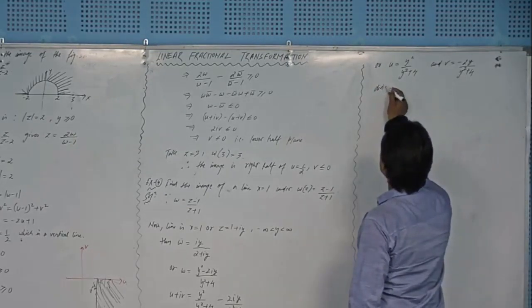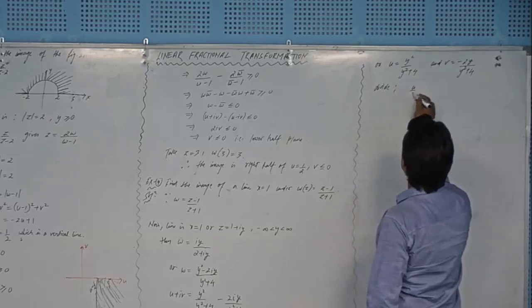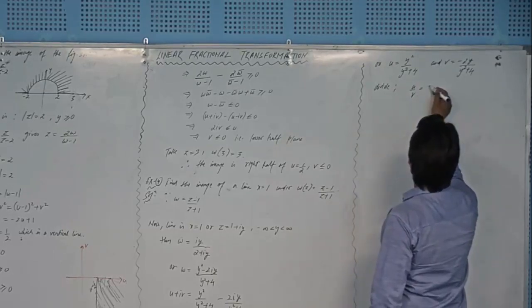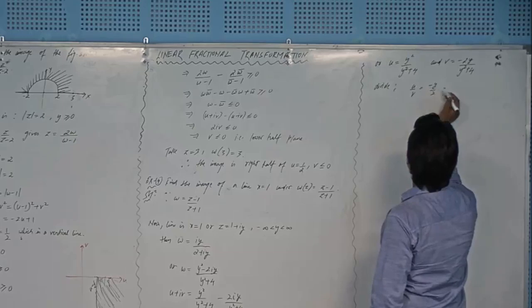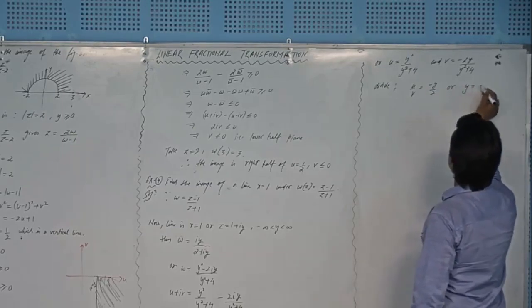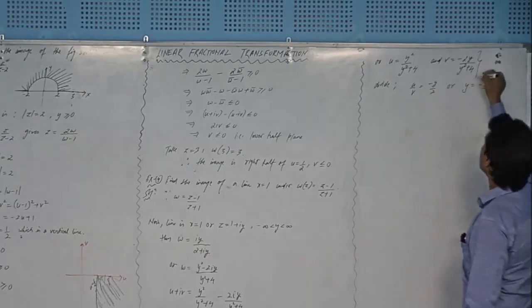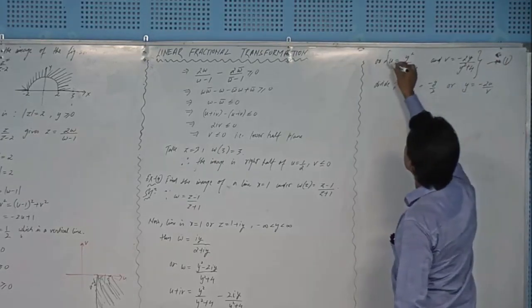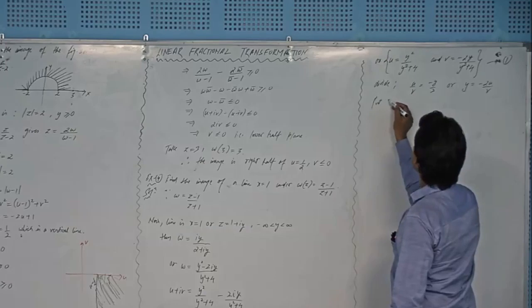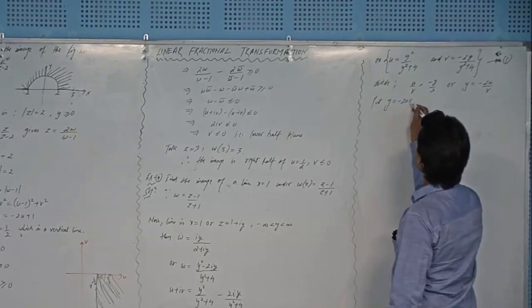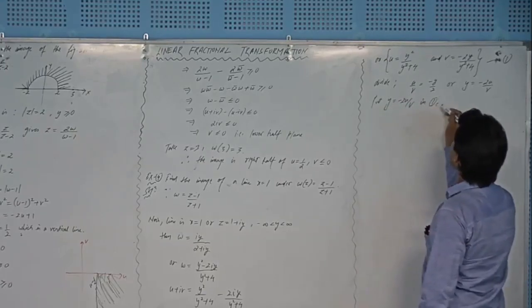I will get u over v equal to, I think, minus y over 2, right? That will give you y equal to minus 2u over v.